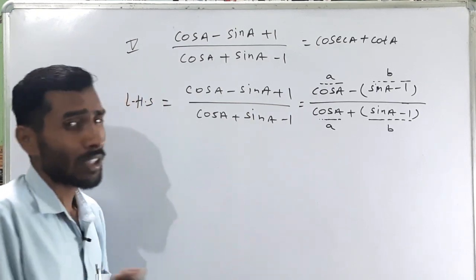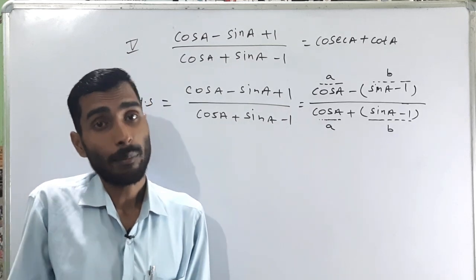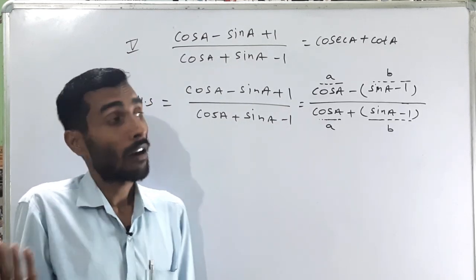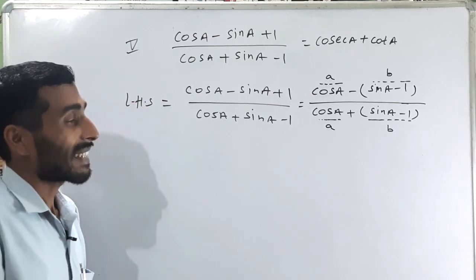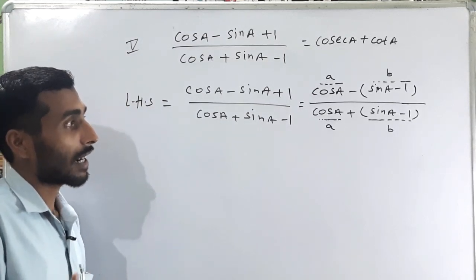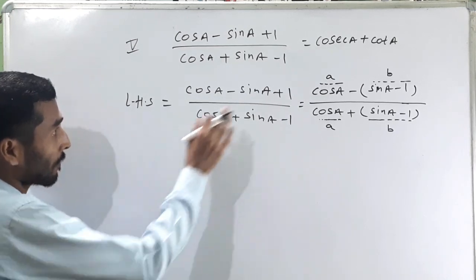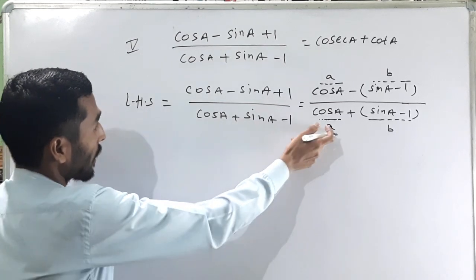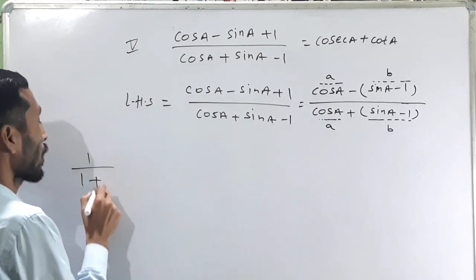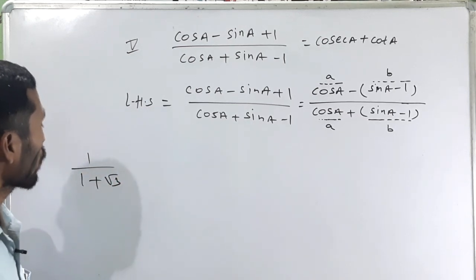Basically we'll do the same thing we have done in the real number chapter. We did rationalization of irrational numbers, or we can say we rationalized the denominator and numerator. So here we'll do the same thing. If there is 1 plus root 3, as we discussed earlier, what should we do?